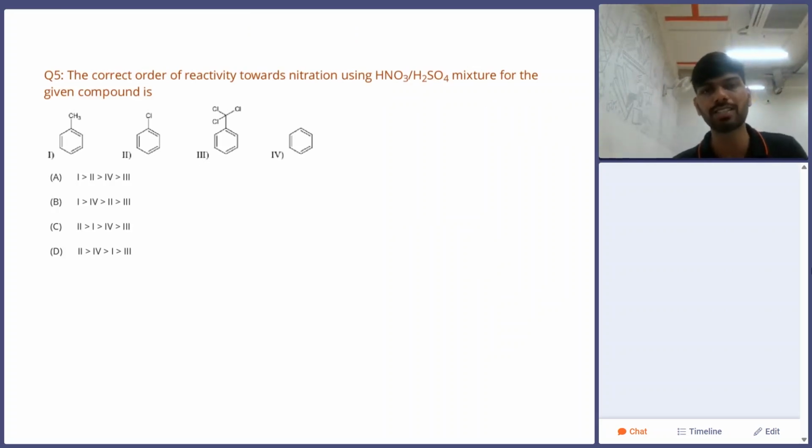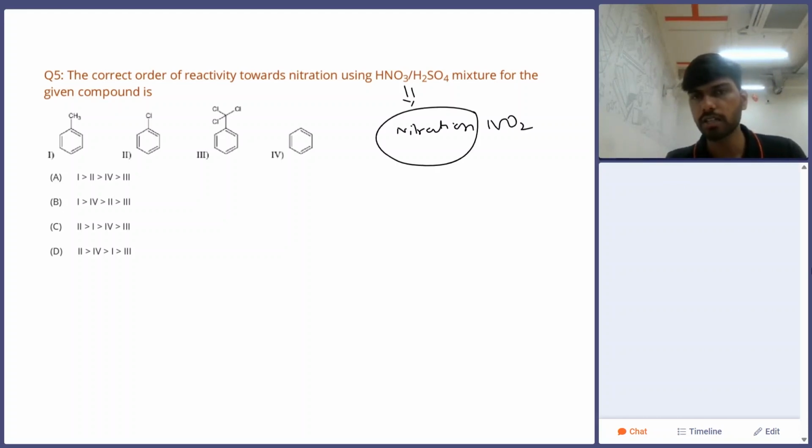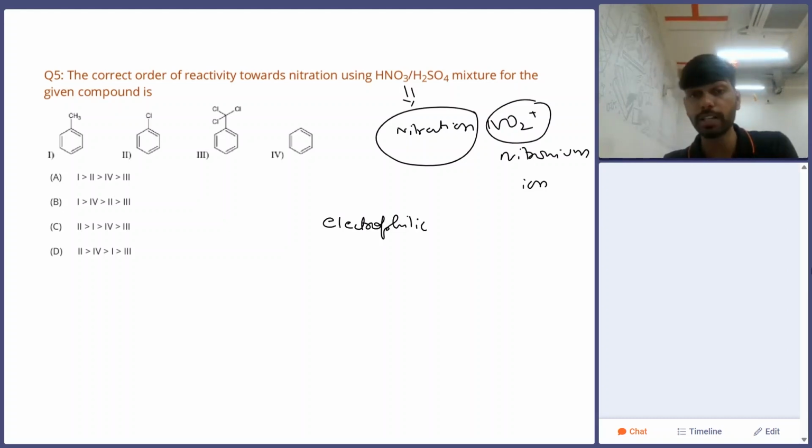The correct order of reactivity towards nitration using HNO3 and H2SO4 mixture, for the given compounds. Here, through nitration we are putting an NO2 group; this nitronium ion will come on the benzene. This is basically an electrophilic aromatic substitution process.